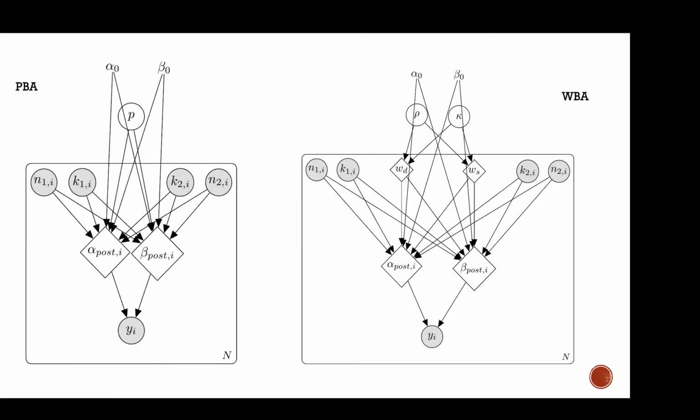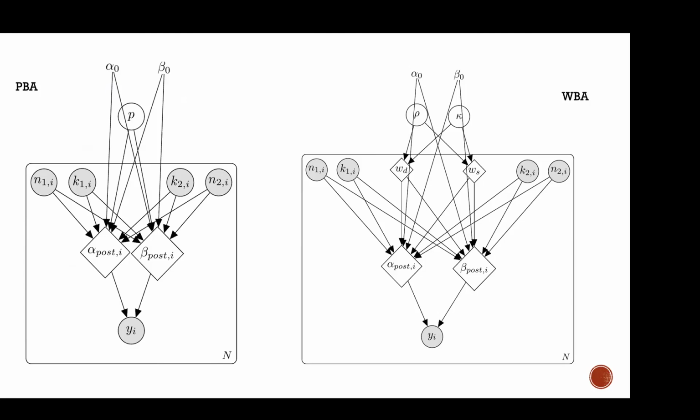And when we do our DAGs of the models, what we have here is that in the proportional Bayes, I should have drawn WD and WS, but it doesn't really matter, in the sense that it's really rho that determines, together with the evidence, what our posterior belief is.